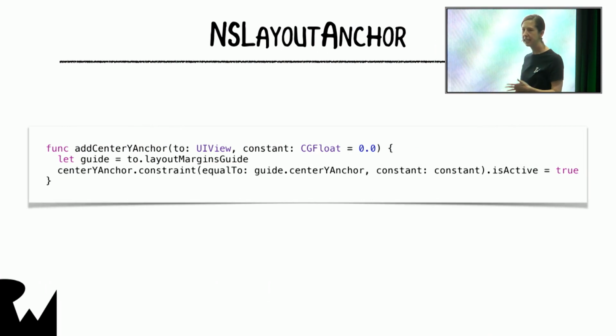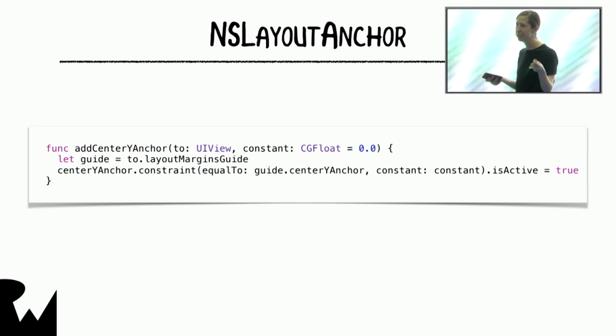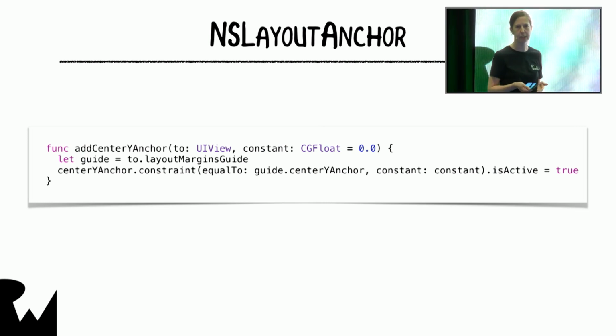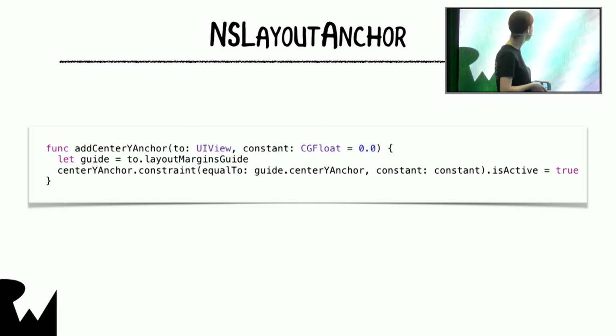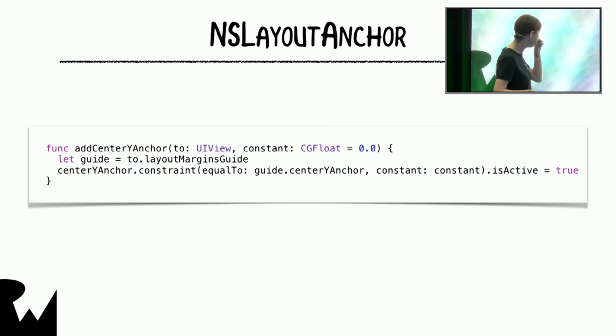NSLayoutAnchor. This is getting a little bit more concise again, a little bit more useful, and it's as though the people creating AutoLayout at Apple have realized that there are some pretty basic use cases that cover about 90% of the constraints that you're going to want to generate at any given moment. So layout anchors really focus on points that are really common to constrain to different areas: the top of your view, the bottom of your view, left and right-hand sides, and also the center of your view.